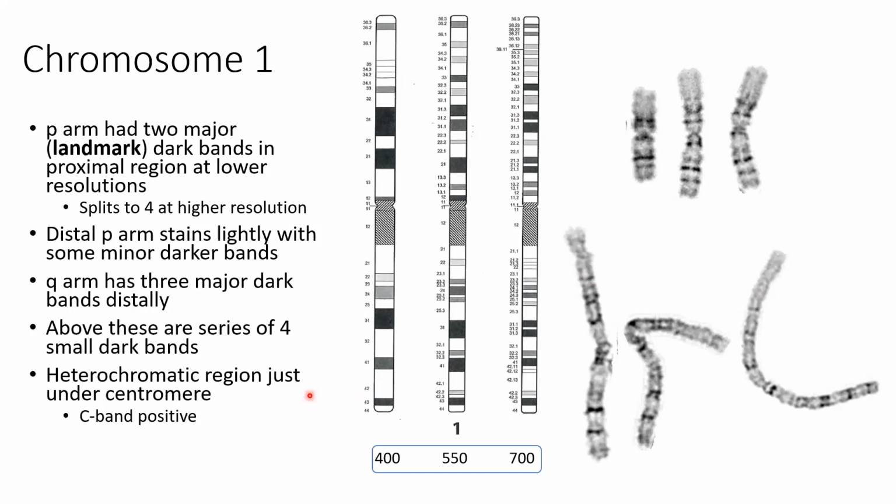And then in the Q arm, there are 3 major dark bands here. So this, and this one. Yeah, these obviously are much darker than this. And if you get over here, a little bit longer, and again a better banding quality, that is about the same darkness as those. But you're going to be looking for 3 major dark banded areas in the Q arm.